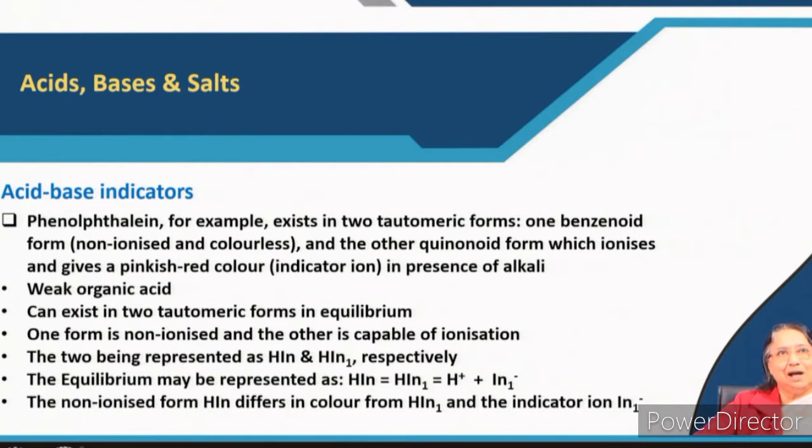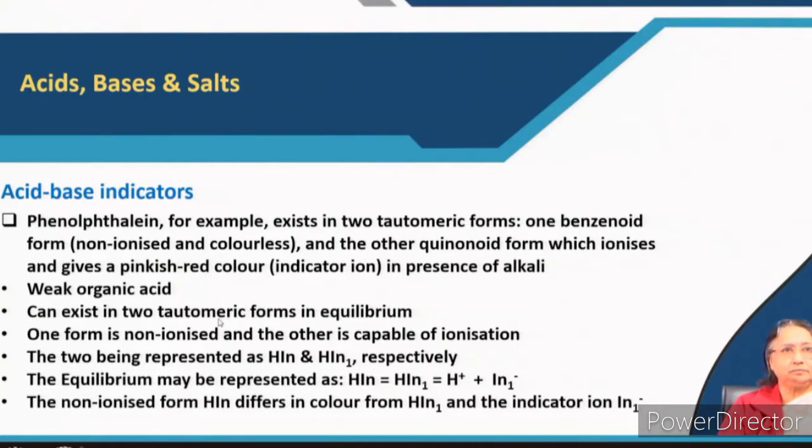We also now know that the carboxylic acid group, that is the organic acid, is a weak acid, and the phenolphthalein, I will tell you about the tautomers, what is the characteristic of the tautomers. Okay. Tautomers, they can exist in equilibrium.